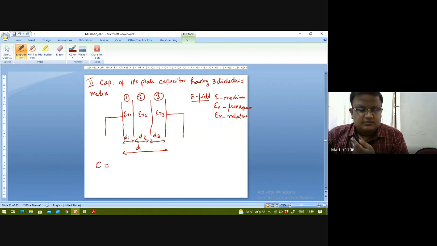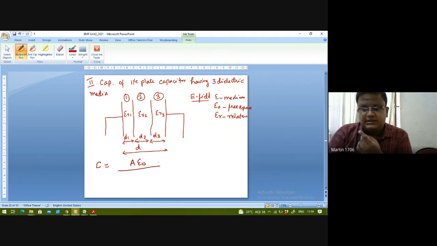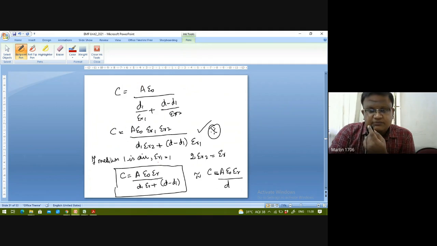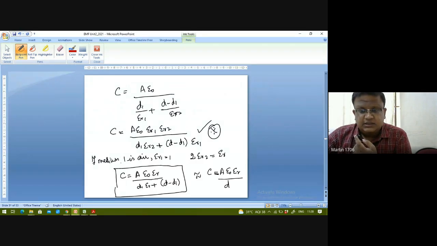So just remember the formula for this: A epsilon naught. Please see, as before, if epsilon R1 is air, then does the numerator epsilon R come?